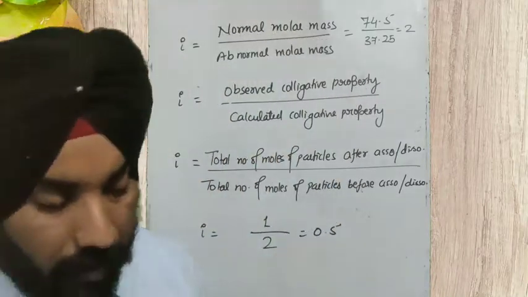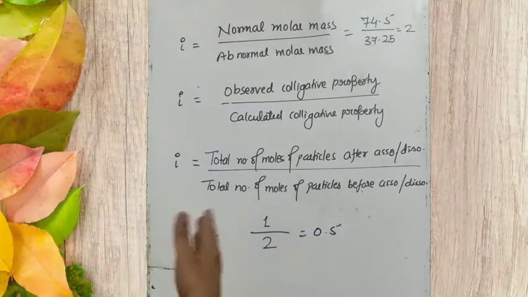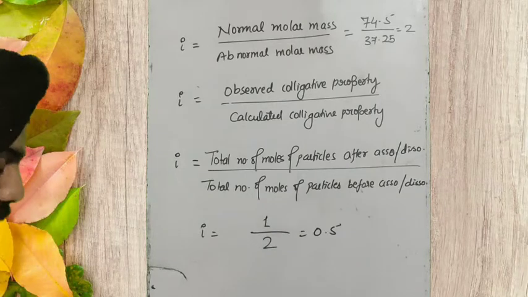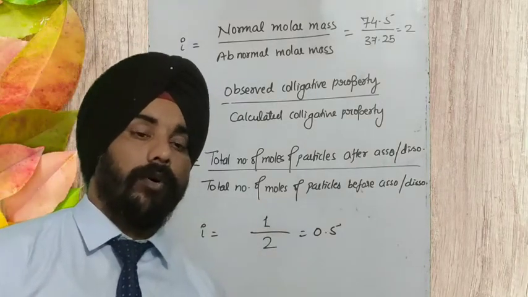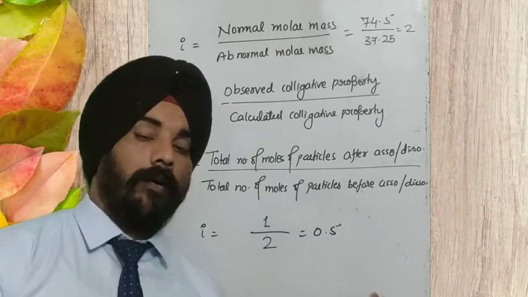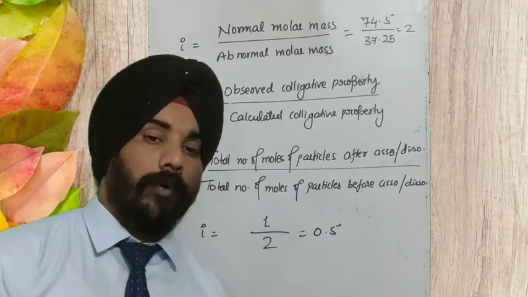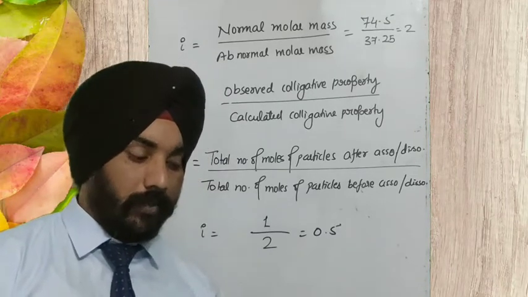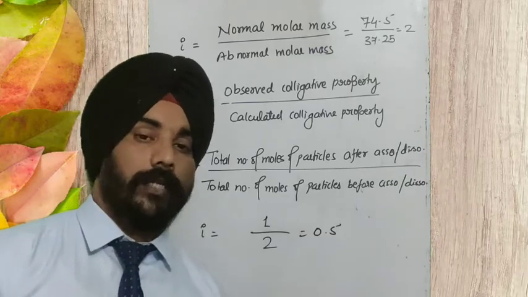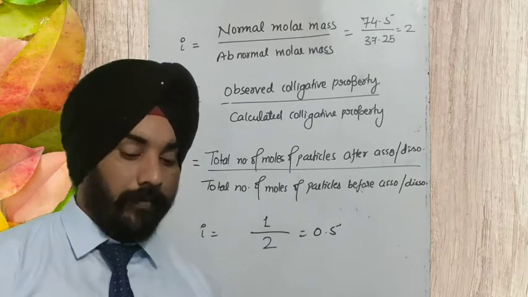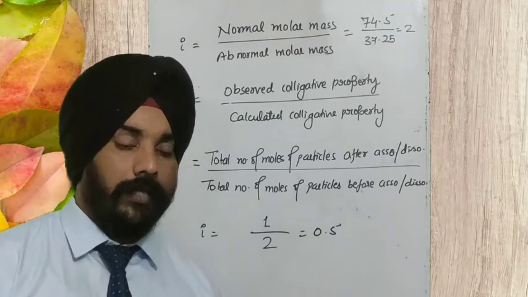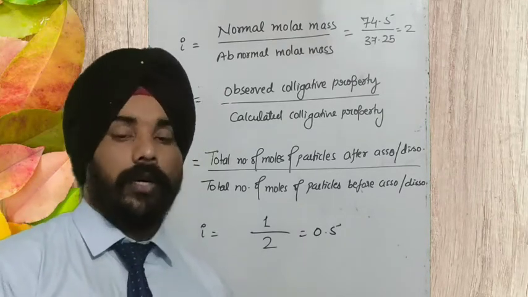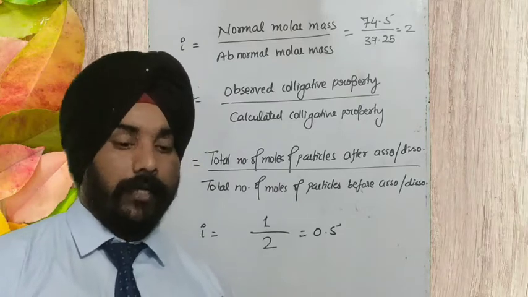Here I am going to tell you how to use this in colligative property. With the normal colligative property, we are not going to obtain the correct molecular mass of a solute which is going to associate or dissociate. Normally we consider that a particle is a non-electrolyte solute and it is not going to associate or dissociate.